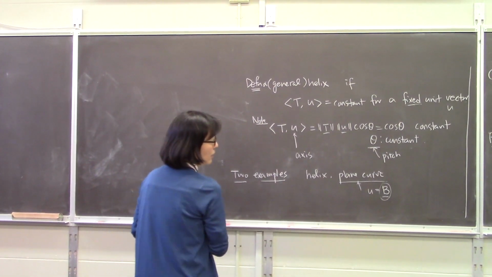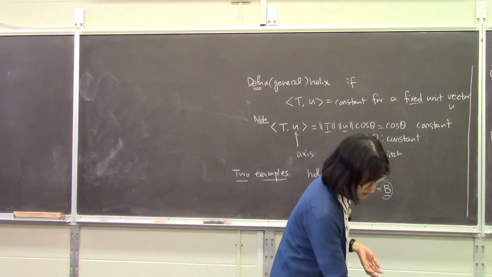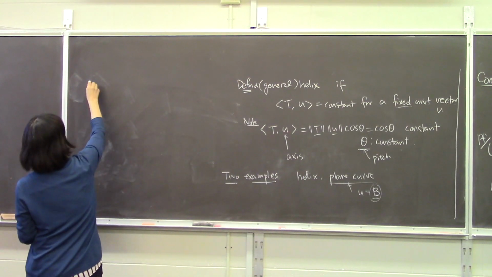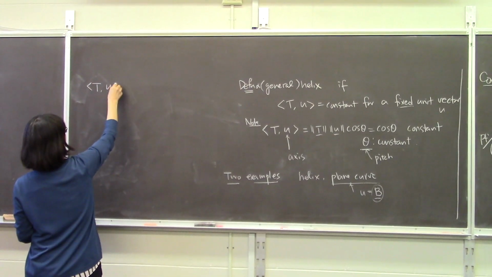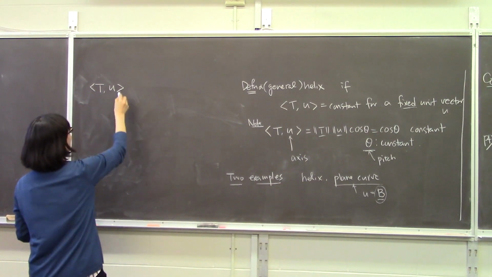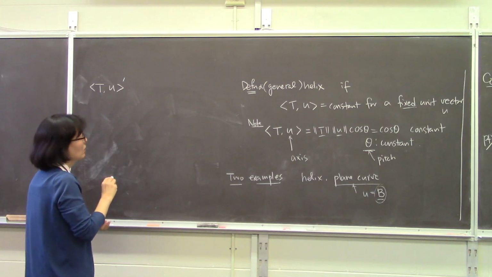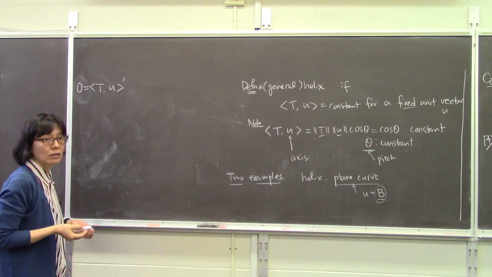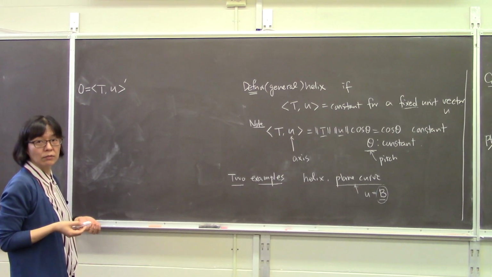Okay, then let's see. Let's come back to this. We know this is constant, so this should be 0, right?